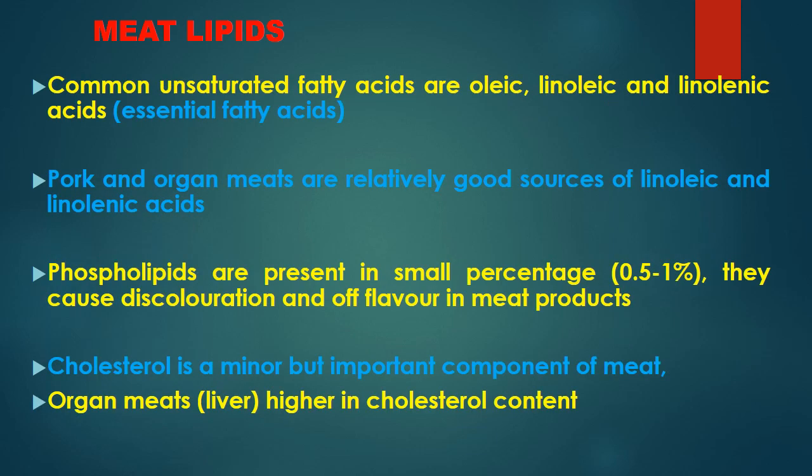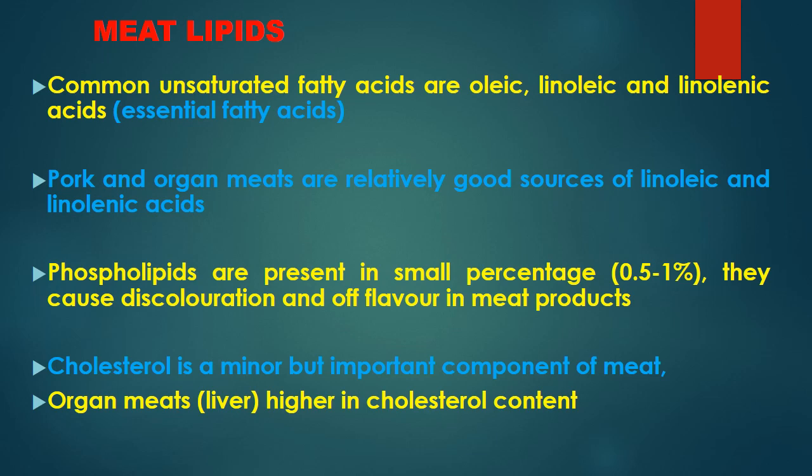In continuation about the fatty acids, the common unsaturated fatty acids in meat are oleic, linoleic and linolenic. All three are considered essential fatty acids. That is, these fatty acids must be supplied through our food for our physiological requirement.